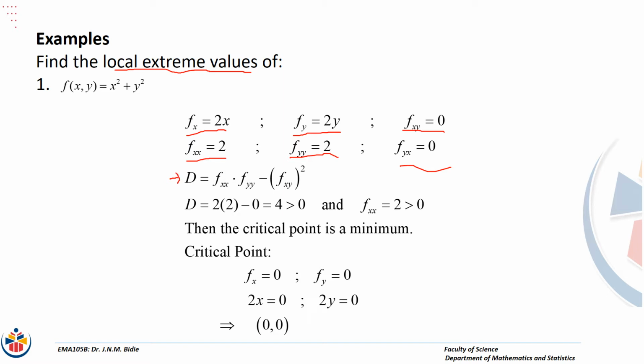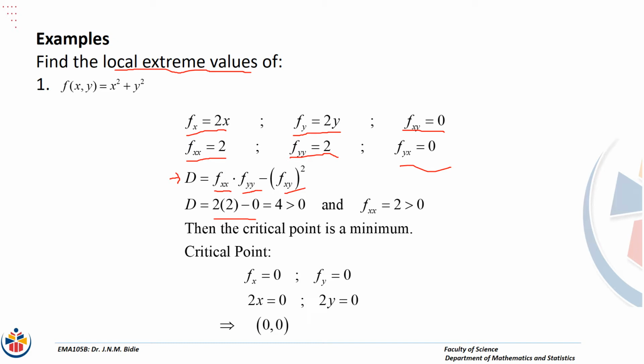and substitute. Remember, the first term is fxx times fyy minus fxy all squared. So now substitute fxx, we got 2, fyy, we got 2, and both our mixed derivatives gave us 0.